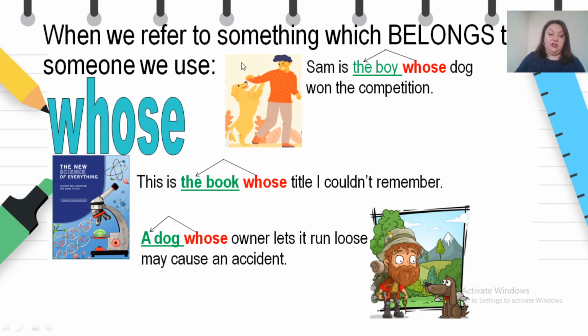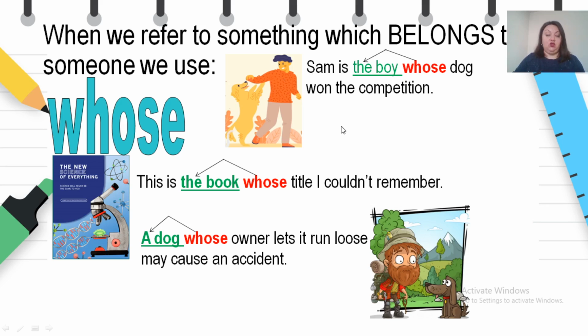Whose refers to people, objects, and animals, and explains these nouns related to possession. Значи, може да се однесува и на личности, и на предмети, и на животни.